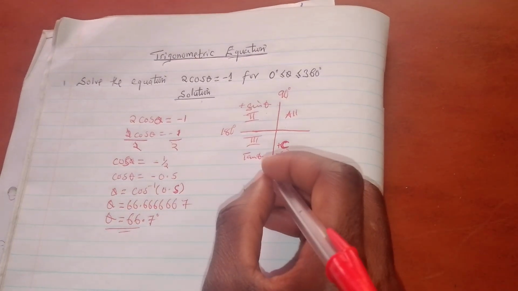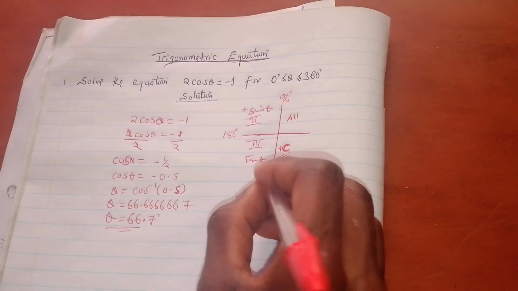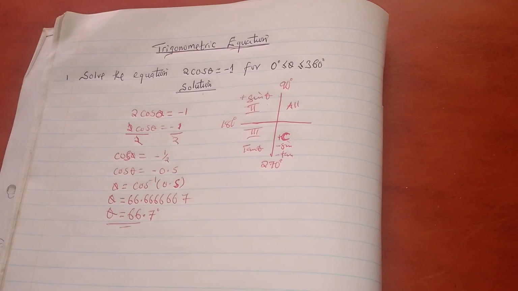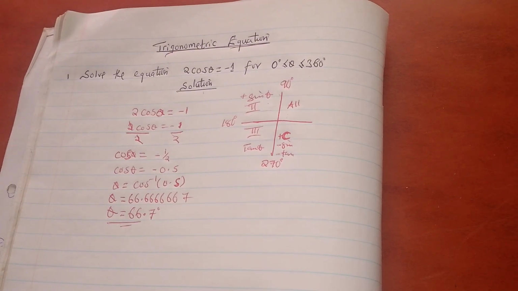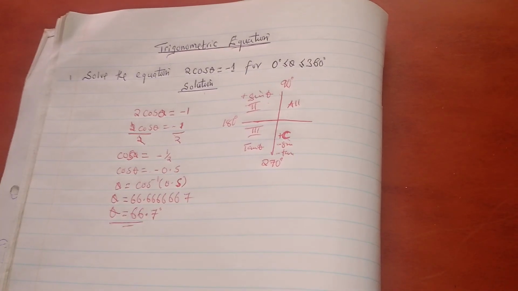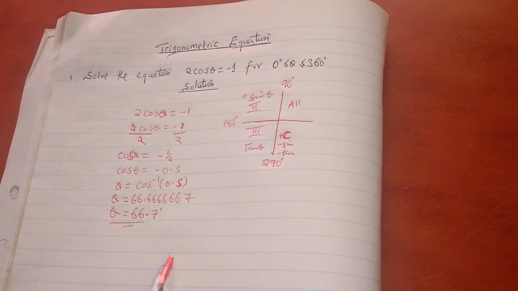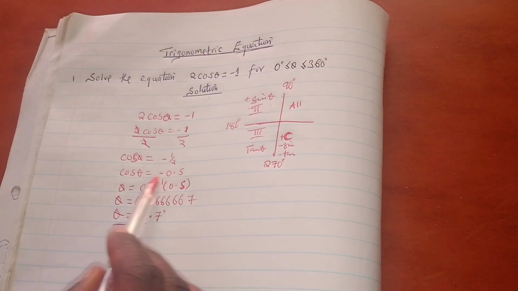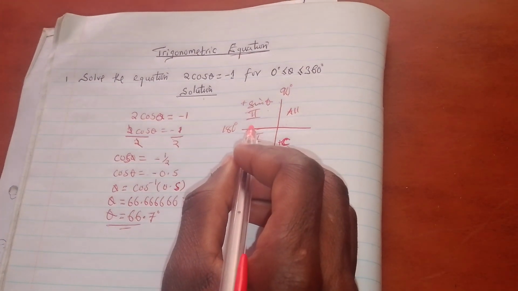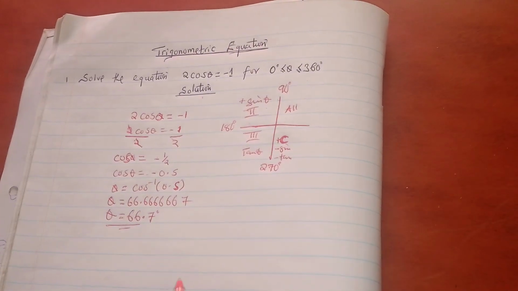And angles in the third quadrant are equivalent to 270 degrees. Now by doing so, let us identify the quadrants in which theta is lying. Since we know that cos theta is equal to -0.5, we should identify the quadrants where cos is negative. So we can see that cos is negative in the second quadrant and in the third quadrant.